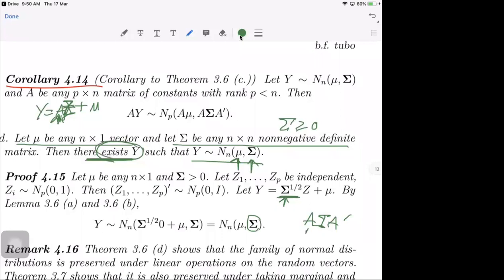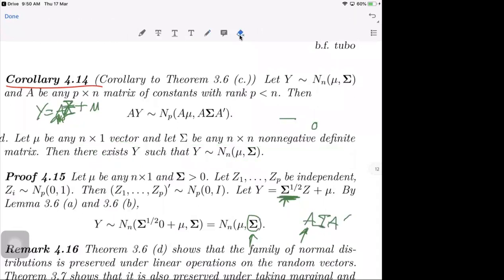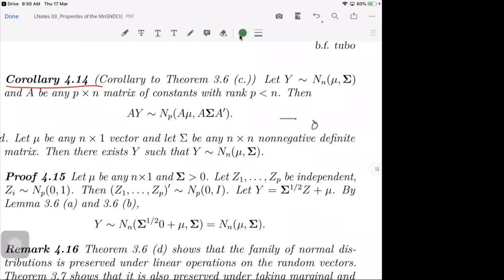So, ibig sabihin, makahimo gyud ta, no? So, ang atong pilion na a dinhi is sigma inverse para mo gawas ning sigma. So, when we say there exists, ibig sabihin you can always find a y that becomes normal.